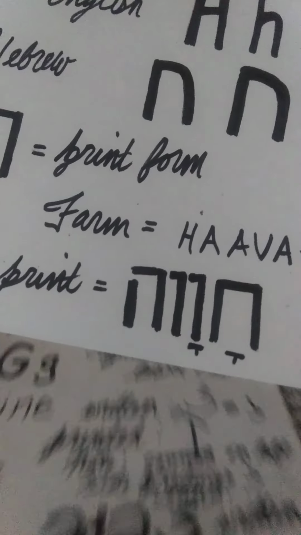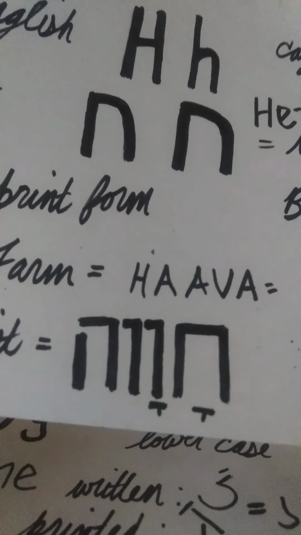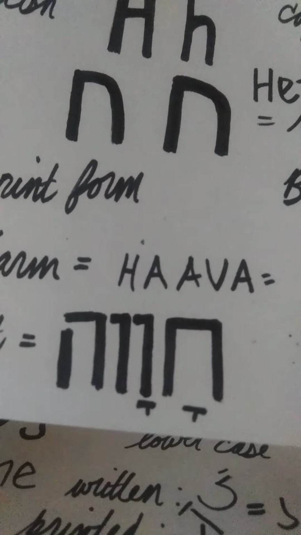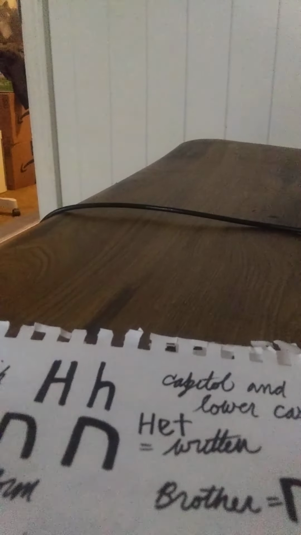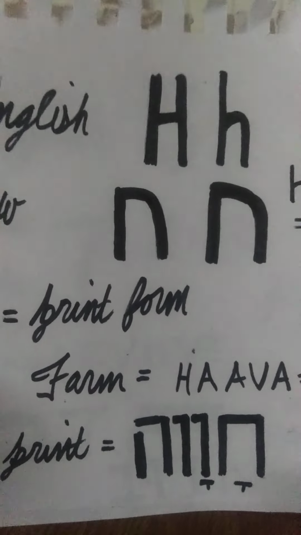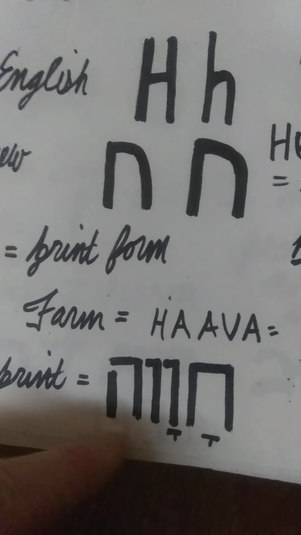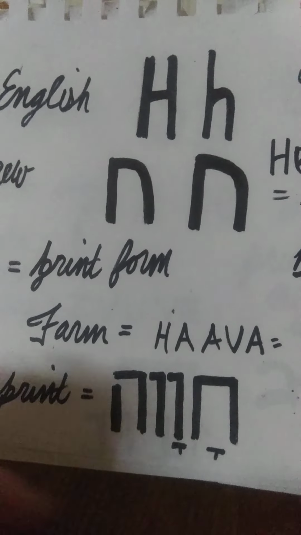I'm trying to remember what this symbol down here is. Okay, that's the H. Okay, that's he. Okay, so I got it. That's he, the fifth letter in the alphabet right here. So hava. Yeah, it's a little confusing. I'm not really sure.